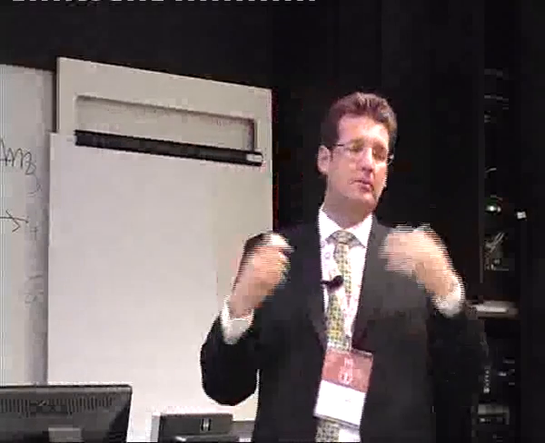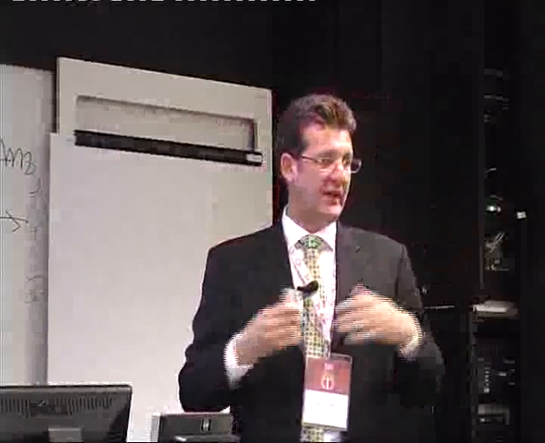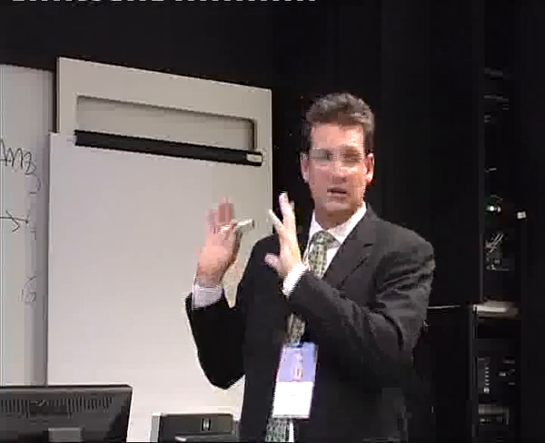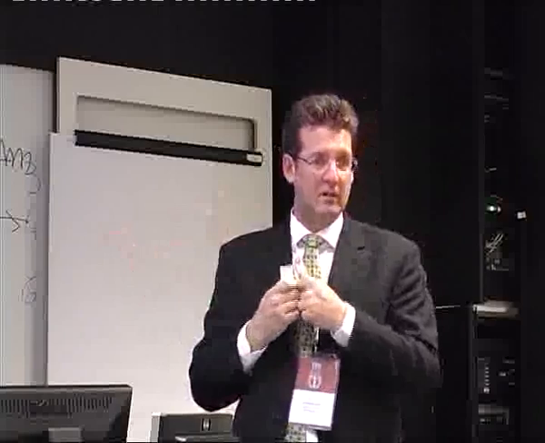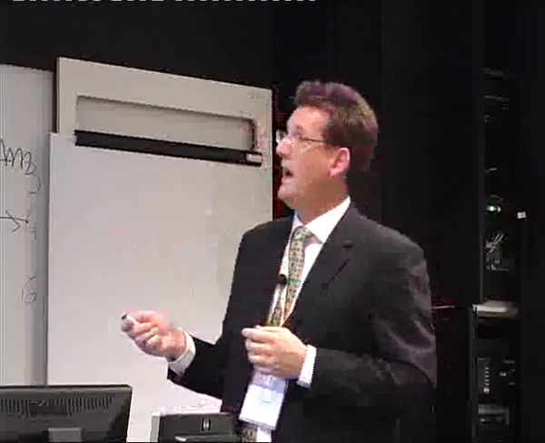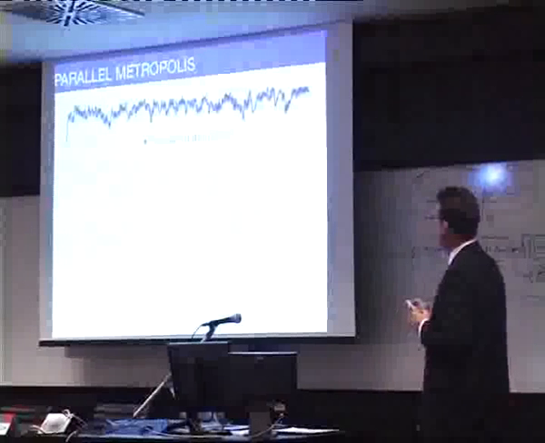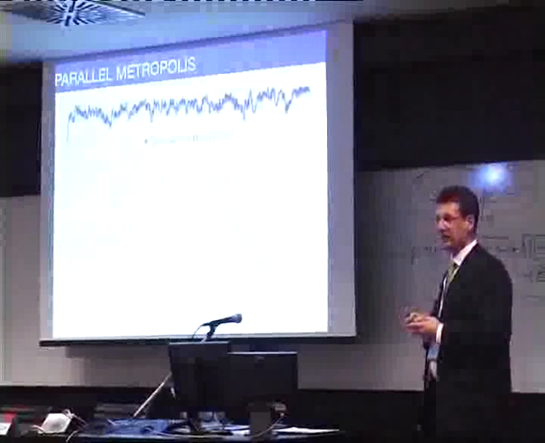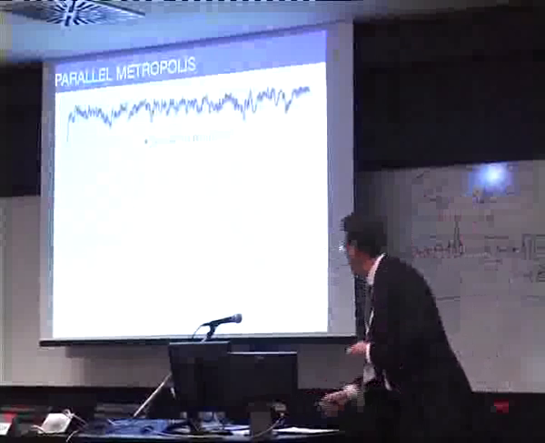Again, this is only useful if we can map our algorithms to take advantage of these particular structures that facilitate parallel computation. Well, happily, the Metropolis algorithm is quite simple to parallelise.